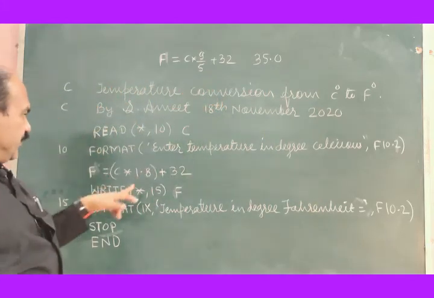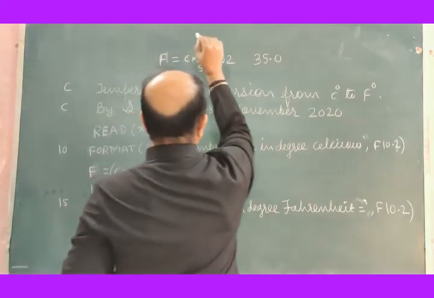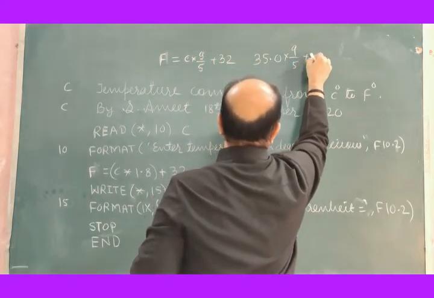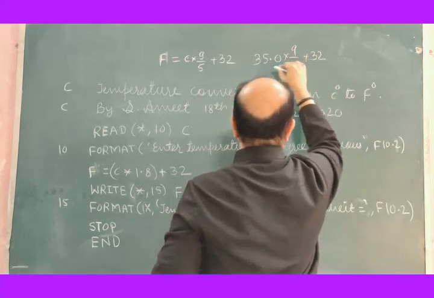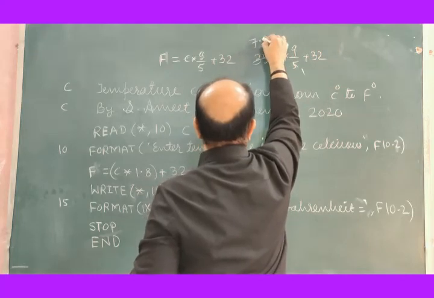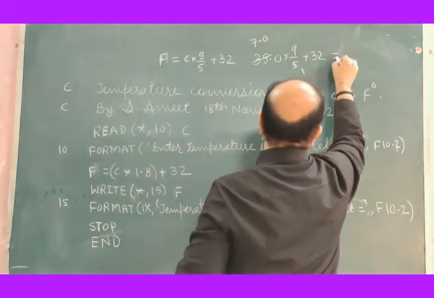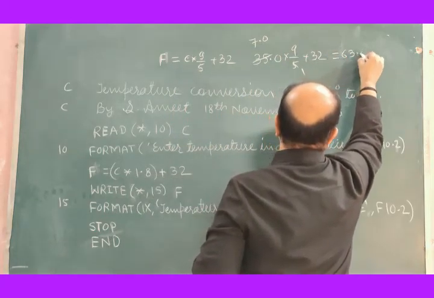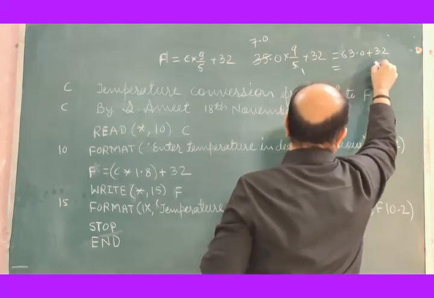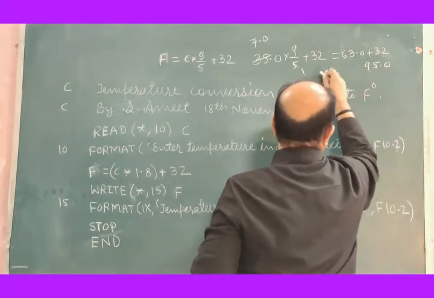Put this value here. 35 into 9 divided by 5 plus 32: 5 ones are 5, 5 sevens are 35, 9 sevens are 63, plus 32, that will be 2 plus 3, 5, 6 plus 3, 9, so 95.0.